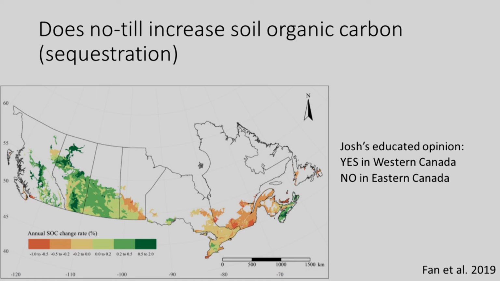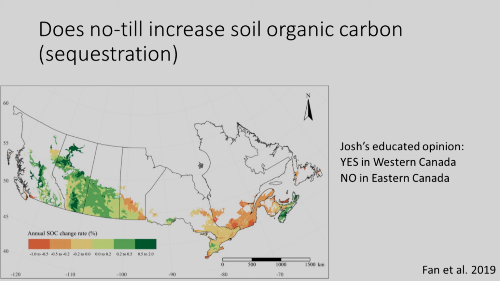Now, there's been quite a bunch of studies done in Ontario, across Canada, across the world. What does tillage do? In Western Canada, the evidence is quite clear that no-till increases soil organic carbon sequestration. And here you can see, on average, the annual soil organic carbon rate of change across Canada.